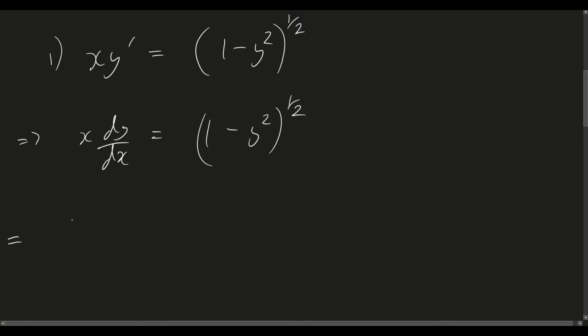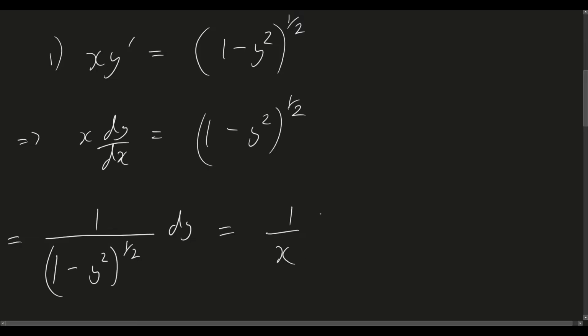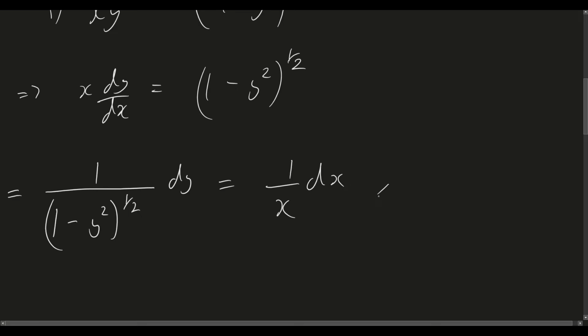And so what that looks like is essentially 1 over 1 minus y squared all to the half dy is equal to 1 over x dx. Okay, fantastic. So far, so good. It should be fairly intuitive, but let's see what happens next.